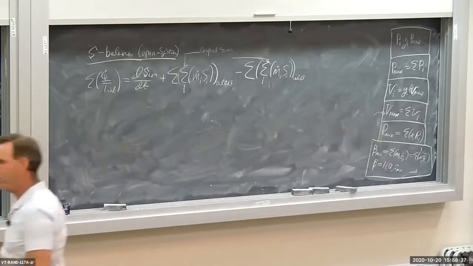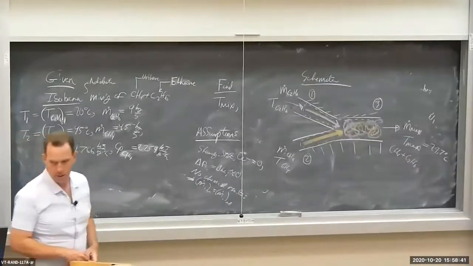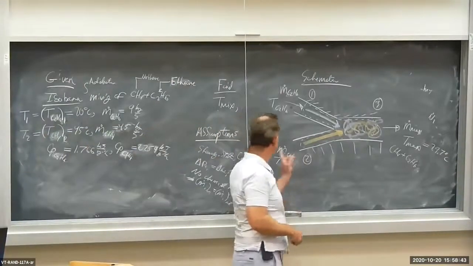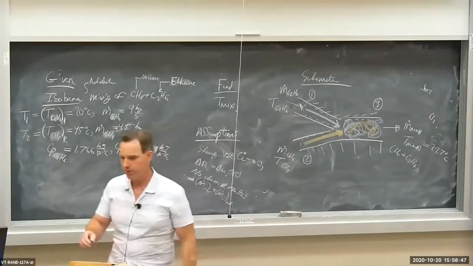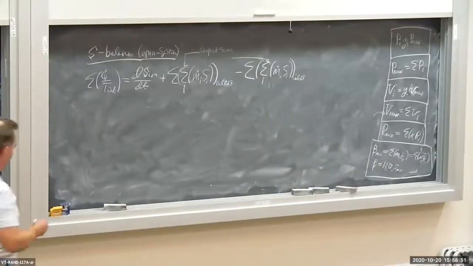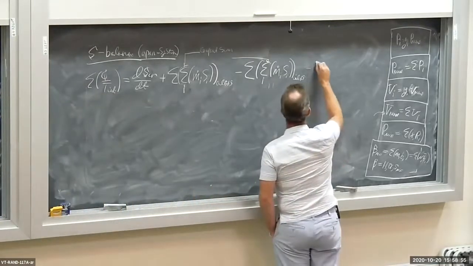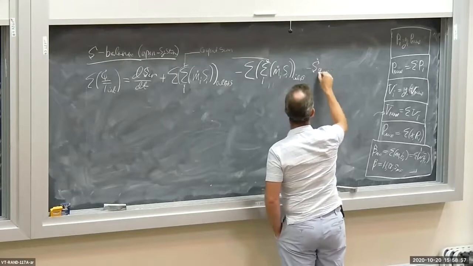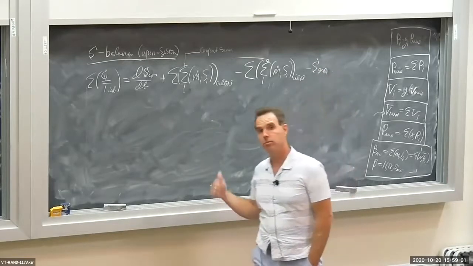Now for this problem, let's go back to the problem here. Steady state, adiabatic. So two terms go away immediately in the entropy balance. Oh, I forgot the S dot gen. Minus S dot gen. Sorry about that. That's what we want to find.